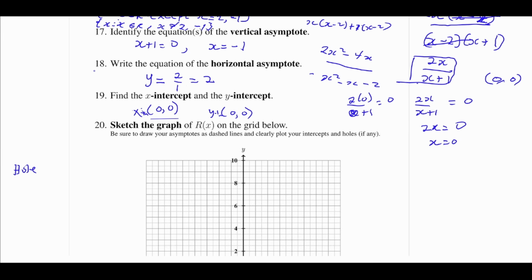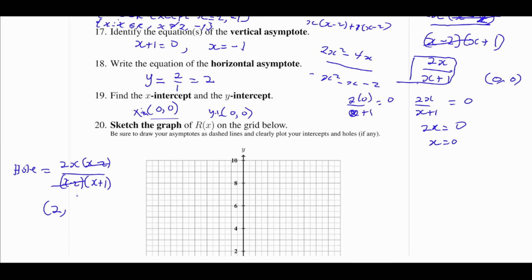To check for holes, the function you had was factorized as 2x(x minus 2) over (x minus 2)(x plus 1). Now we cancelled this one out, right? So that will be our first point of the hole. That will be 2, because when we solve x minus 2, we get 2.